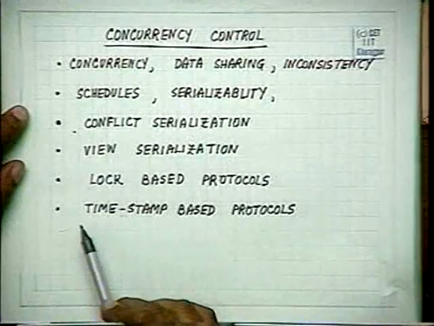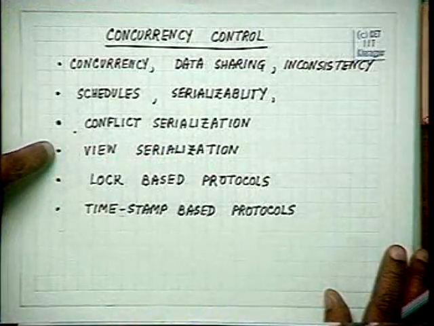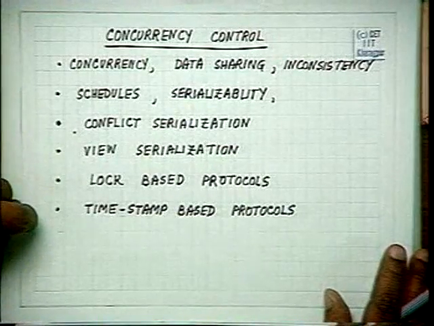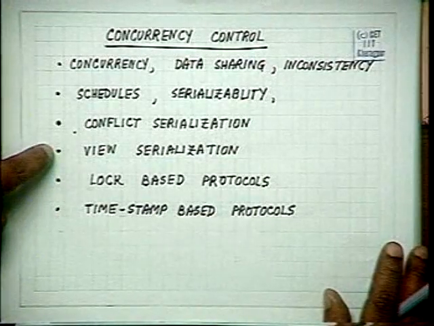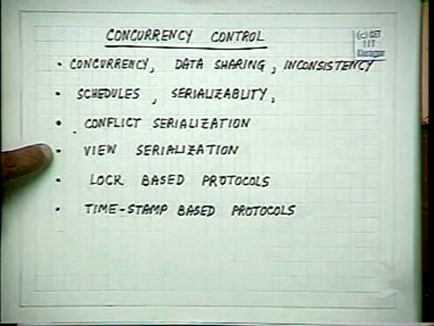Later on we shall study what are called timestamp based protocols, which are a slightly different form. The log-based protocols are different from view serializability or the timestamping protocols in a particular sense. Here it is the onus of the system to detect whether the schedule is serializable, whether the schedule is consistent, or whether the schedule has any other properties.